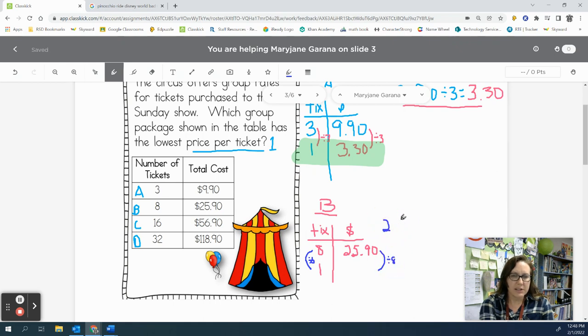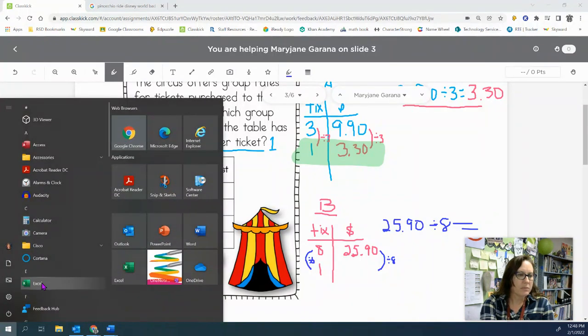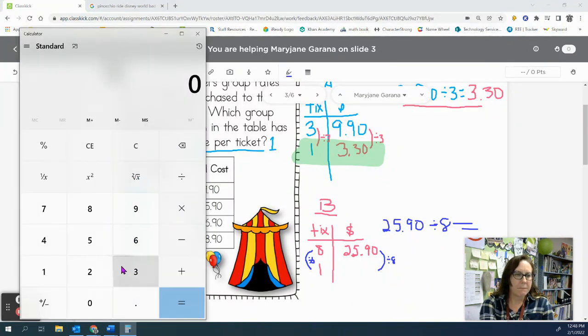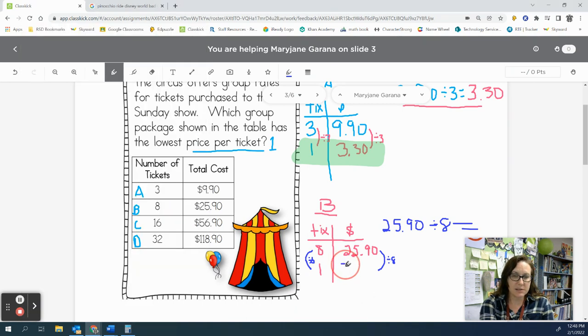So in your calculator, you're going to type in 25.90 divided by 8 equals, and I don't remember what it is off the top of my head. Let me get the calculator up. Well, you tell me. 25.90 divided by 8 equals $3.24, because we're going to round that up.